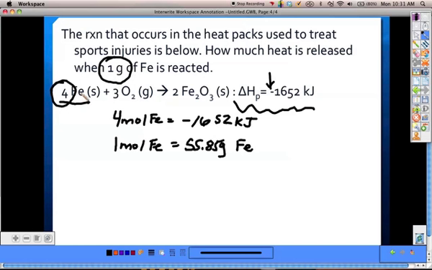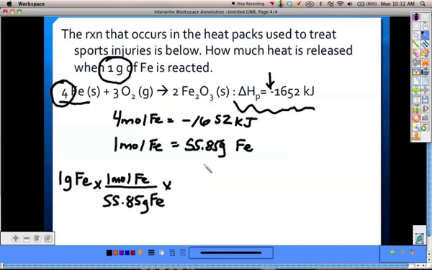So I start out with my given. What's my given? Yes, 1 gram of Fe. I want to get rid of grams, so I put 55.85 on the bottom. How many moles do I put on top? Shout it out. 1. Good.